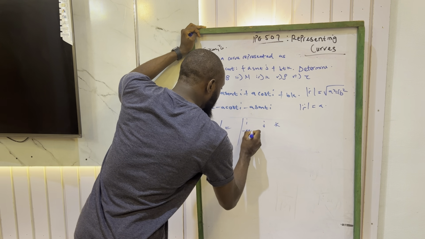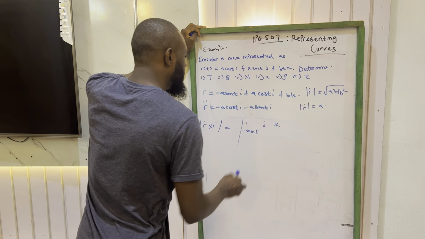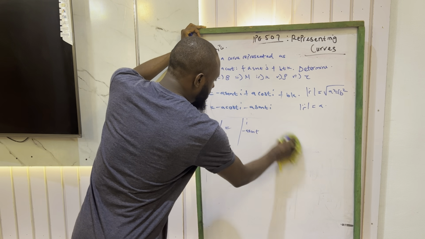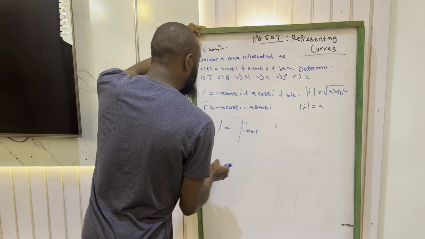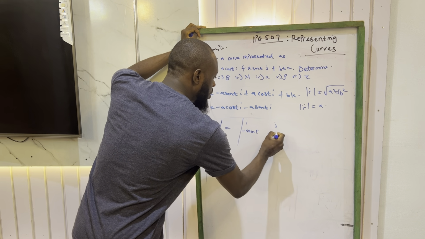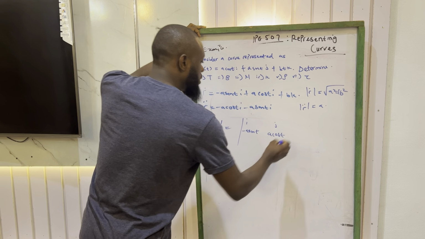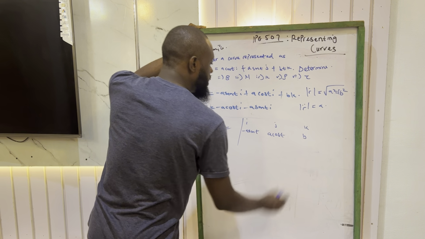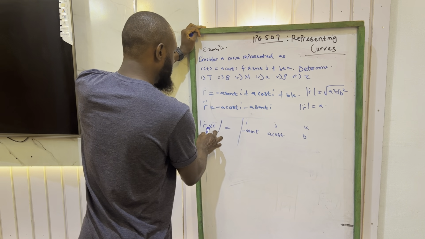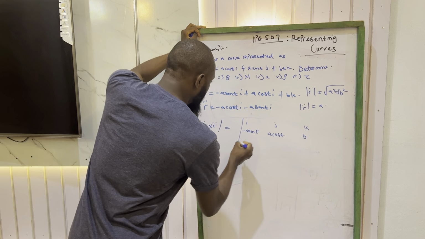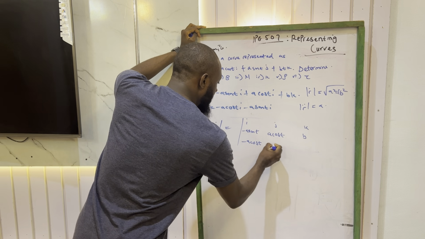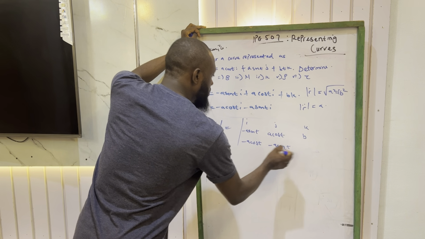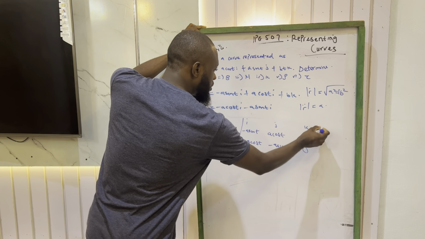Minus a sin t, then we have a cos t, then for k we have b here. Then the third row is minus a cos t, minus a sin t. We do not have any value for k here, so we have 0 here.